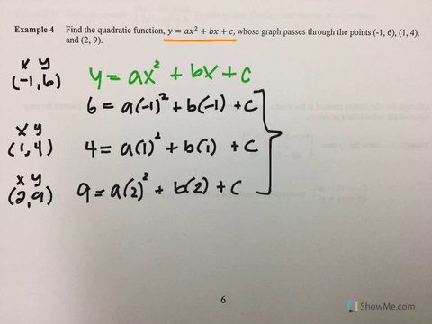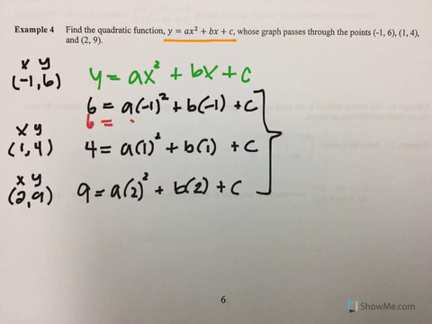So this is my system of equations, and we're going to solve it the exact same way we solved the last one. And that is, we pick 2 equations, and we work together to solve them in a way that can eliminate one variable. So we can rewrite this to make things a little simpler.